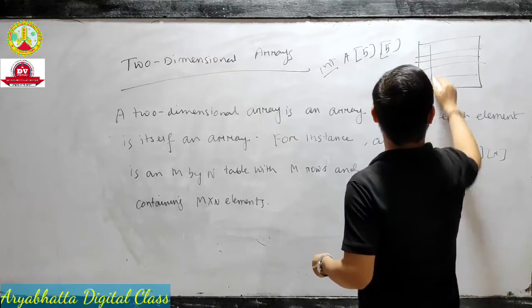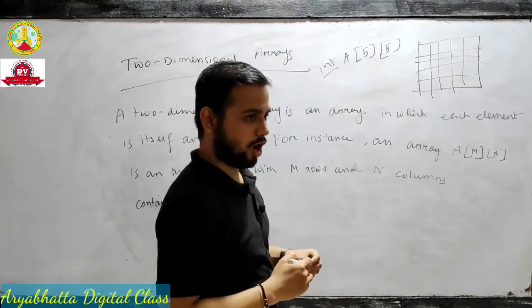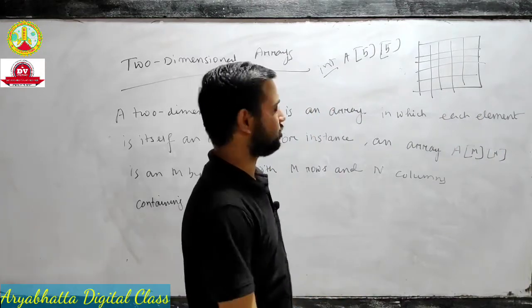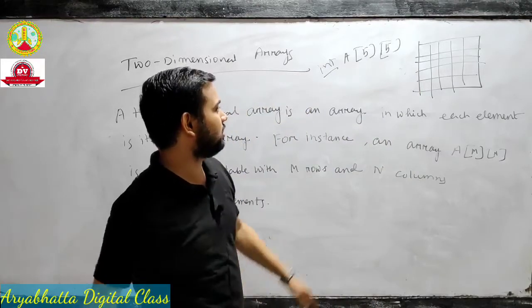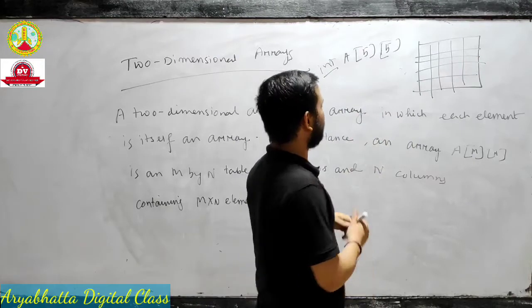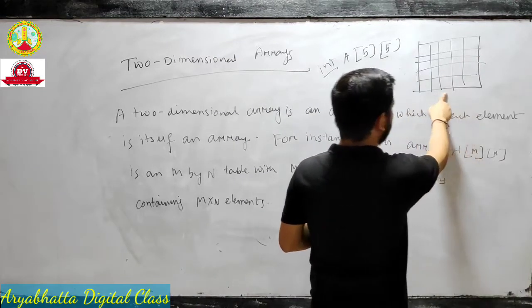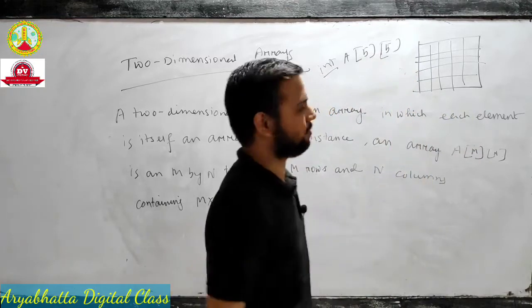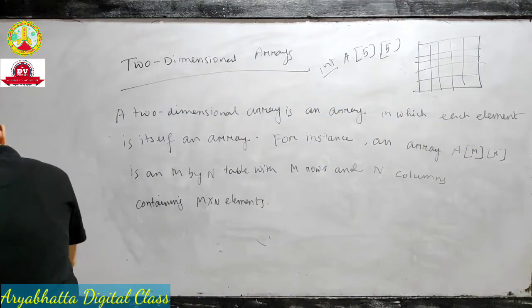Number of rows is 5 and number of columns is also 5. How many elements can we store in this array? 5 by 5 means 25. So we can store a maximum of 25 elements in this array. This is the basic concept of a two-dimensional array.